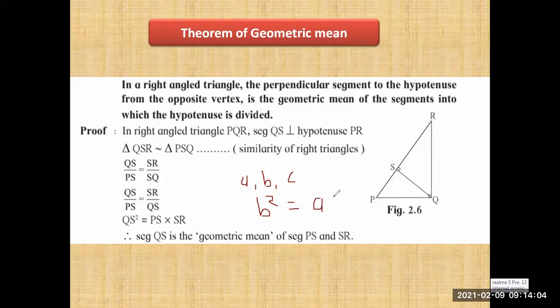That is the meaning of geometric mean. So from this we write QS square is equal to PS into SR. Then we see the next, third theorem.